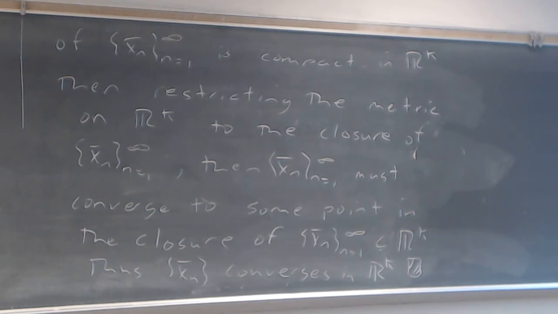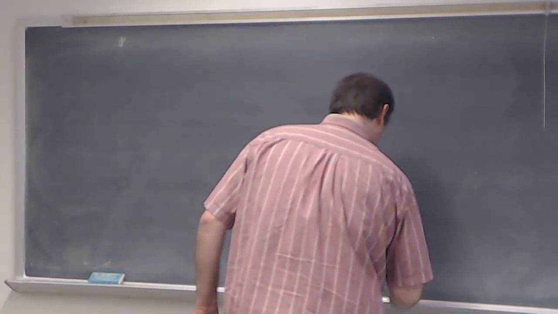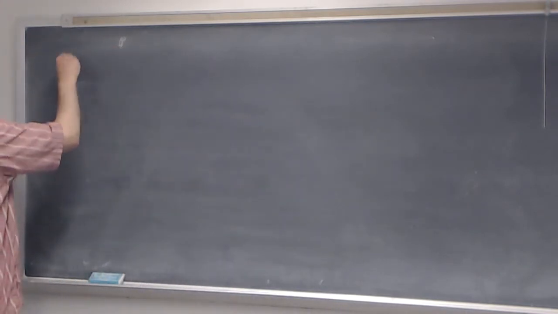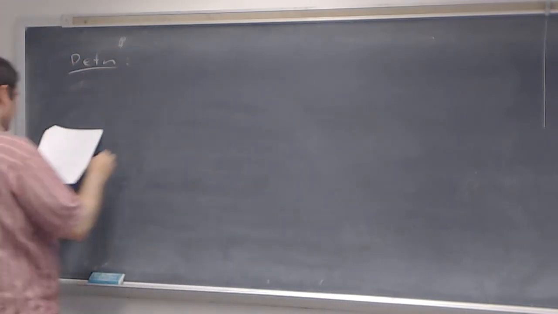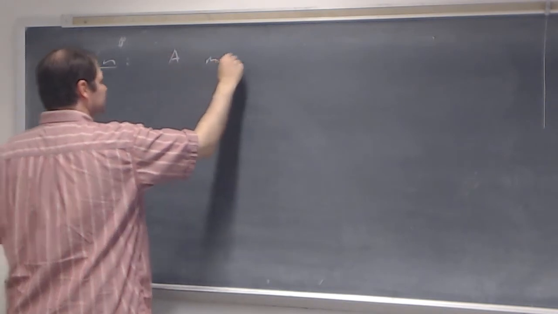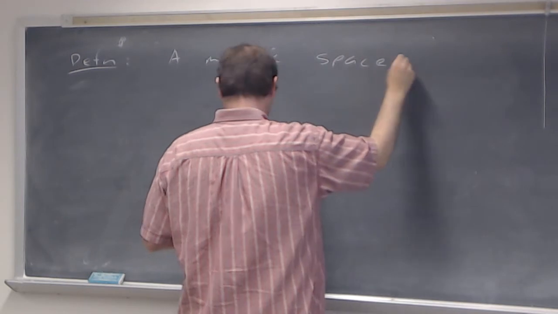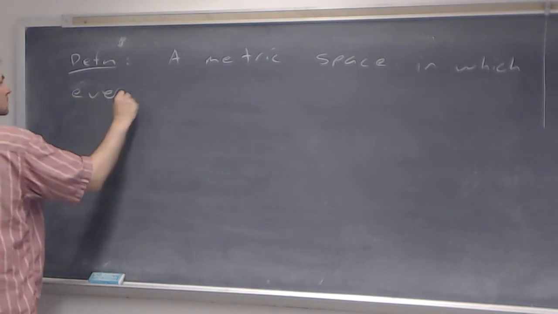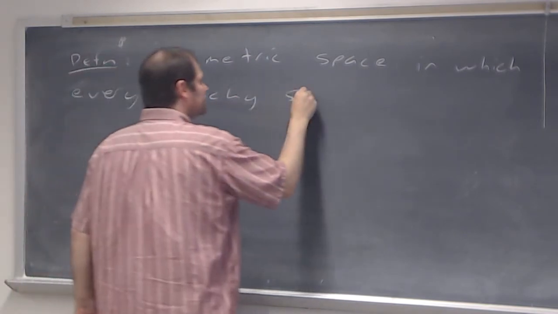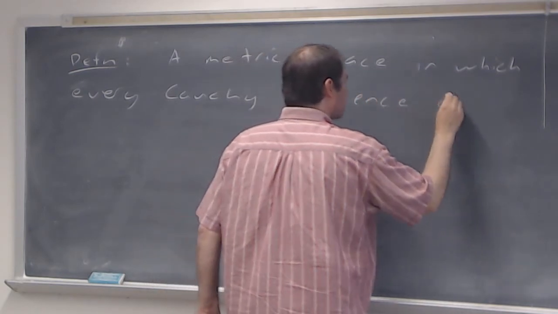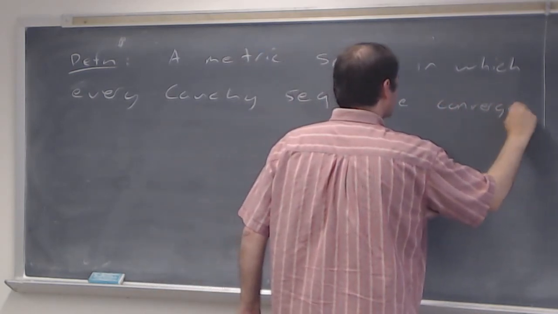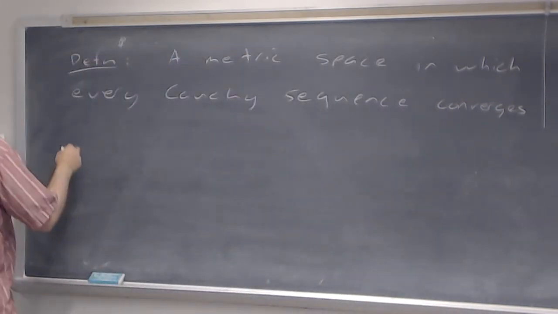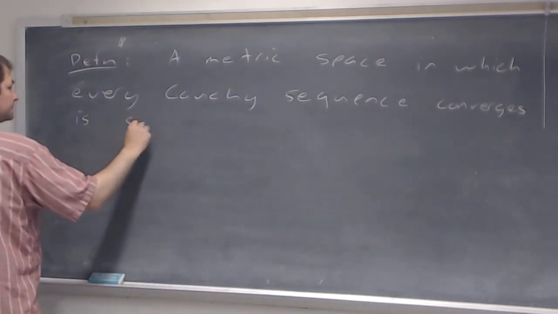Okay, the next thing we'll do is the definition. It says that a metric space in which every Cauchy sequence converges is said to be complete.